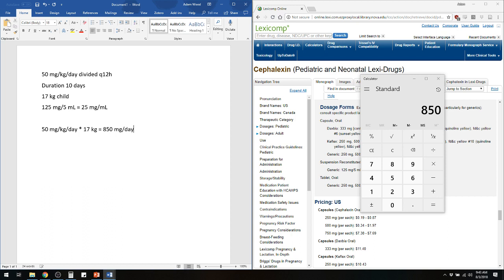So they're going to get 850 milligrams per day. Now I want to divide that by 2 doses per day. That's going to equal 425 milligrams per dose.